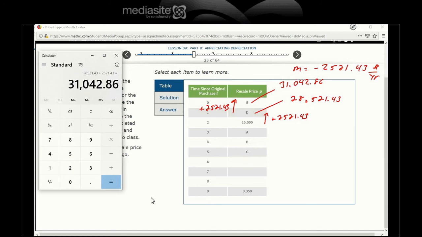Now I'm going up, increasing age. Let's subtract from that point. So 26,000. Now it's a year older. Being a year older, it's going to decrease in value. By how much? By the slope. 2,521.43. That's not what I wanted.